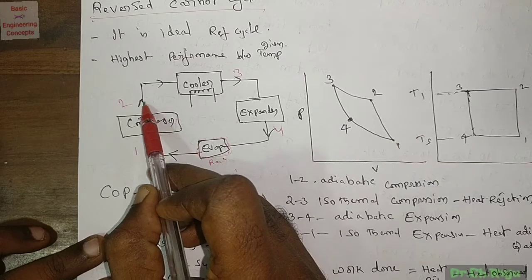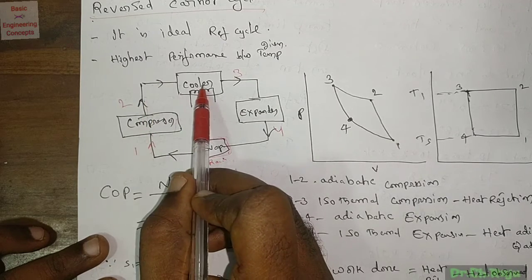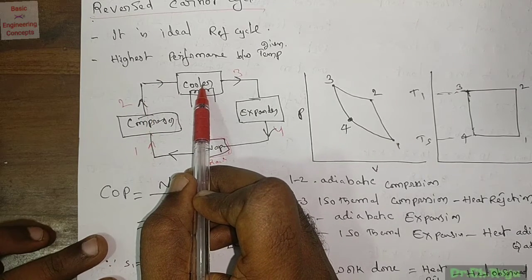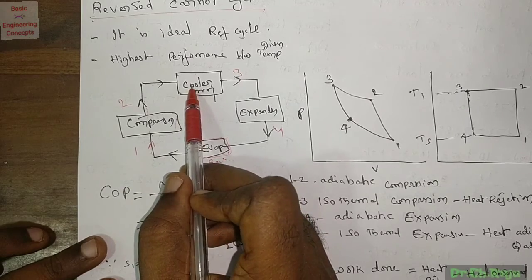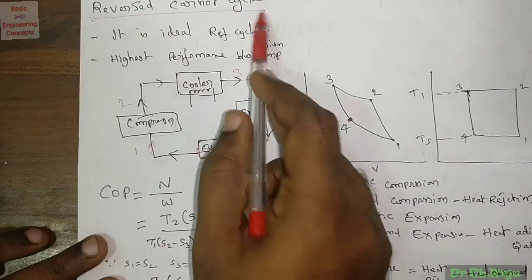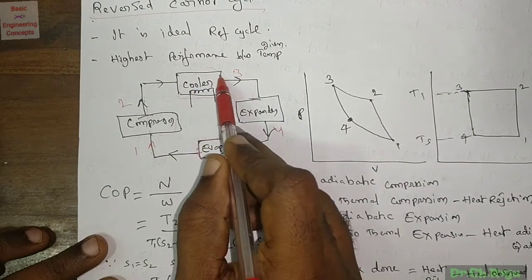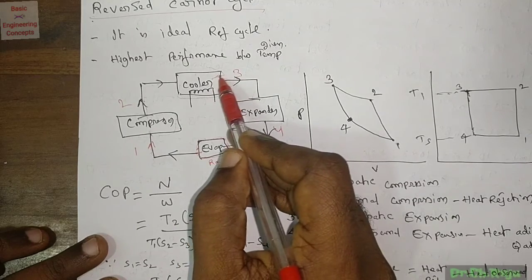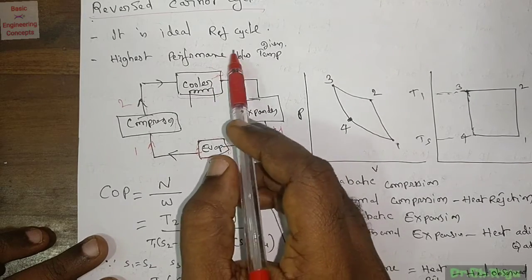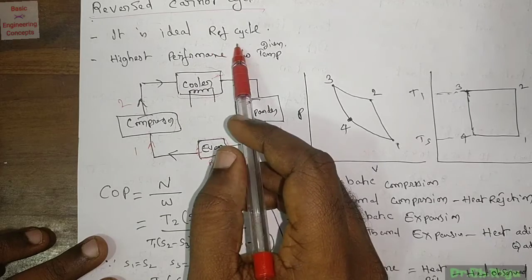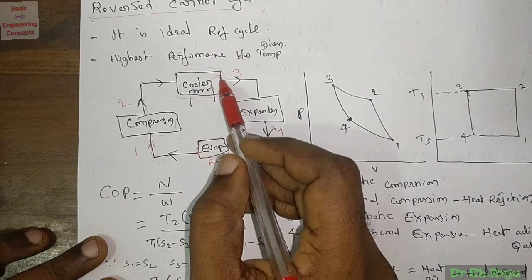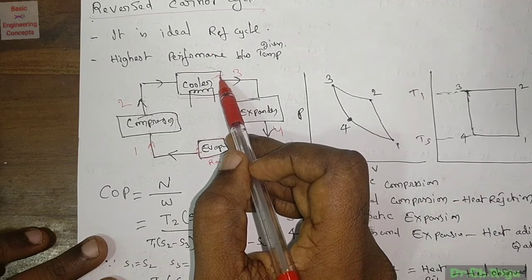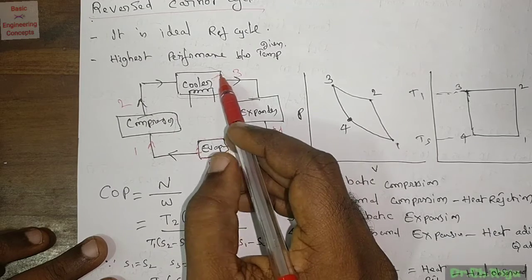This high pressure, high temperature air enters the cooler, where it is cooled. In the Carnot cycle, the cooling process is carried out at a constant temperature. The speciality of the Carnot cycle is that heat addition and heat rejection are carried out at constant temperatures only.